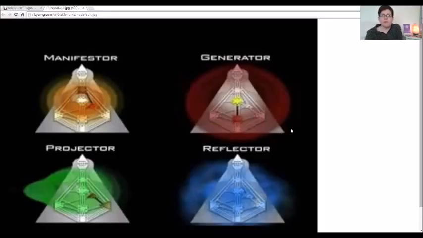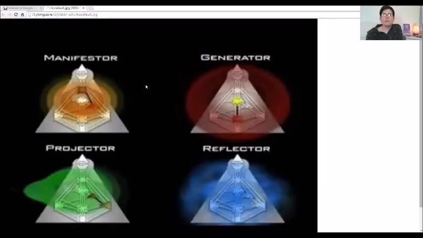And any of your open centers as a generator will be picking up on the information, through that center's energy, from other people. And they will also be feeling your influence from your defined centers.